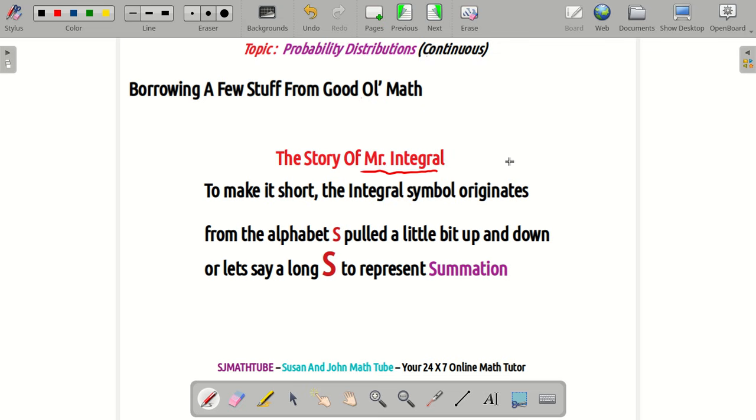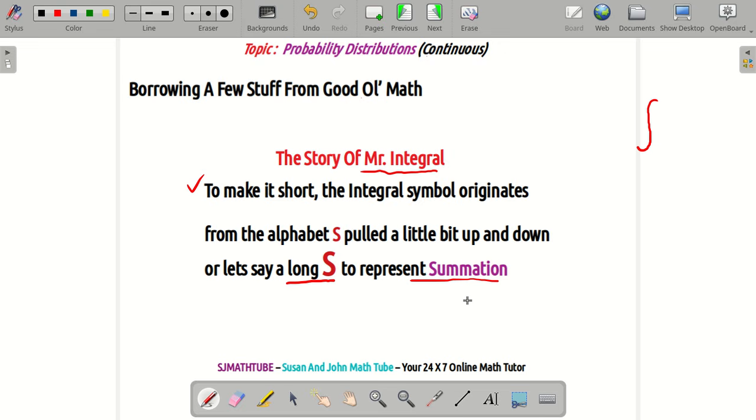So tell me, what is integration? Think about it. Integration is nothing but summation. And if you want to make it short, it's just a long S, which represents summation.